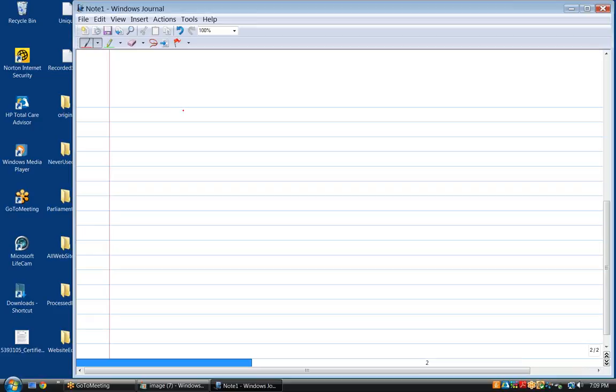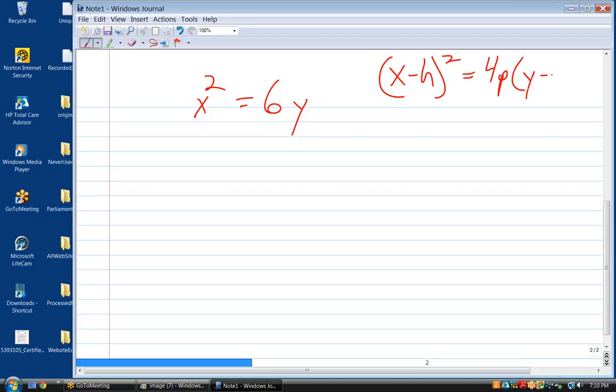What was it again? Can you read it to me? The first problem? X squared equals 6y. Okay. And our standard is x minus h squared equals 4p times y minus k.